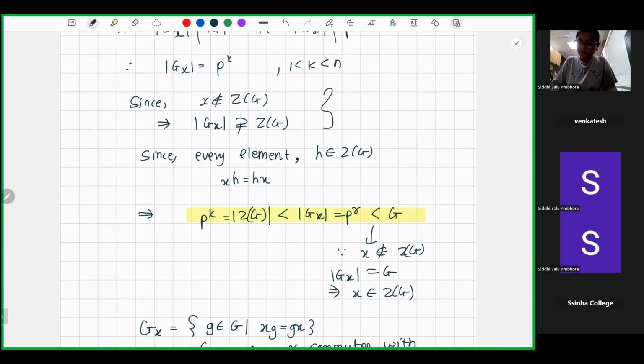Okay, please understand this part. Since x is not in ZG, Gx properly contains ZG.